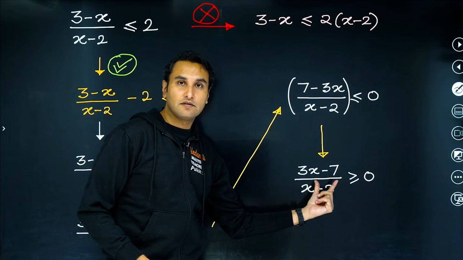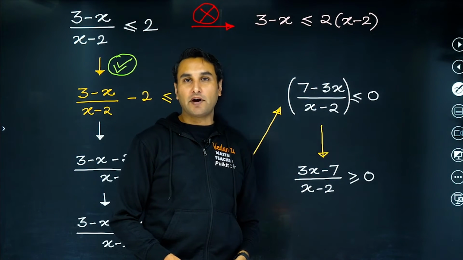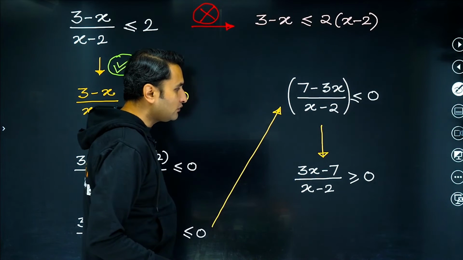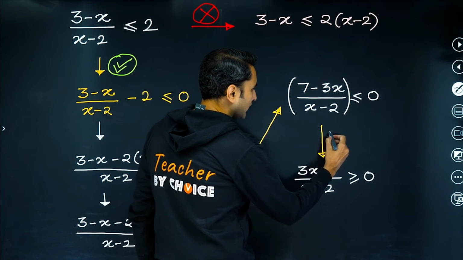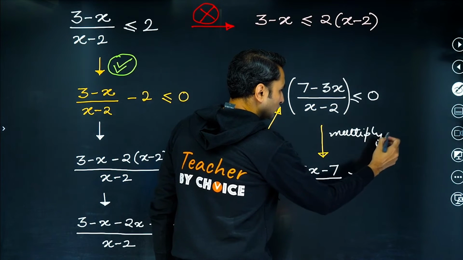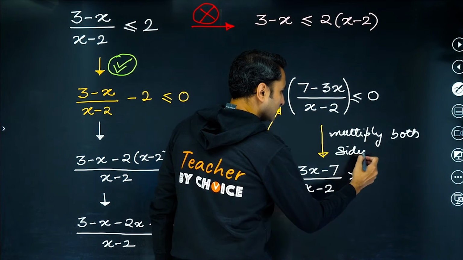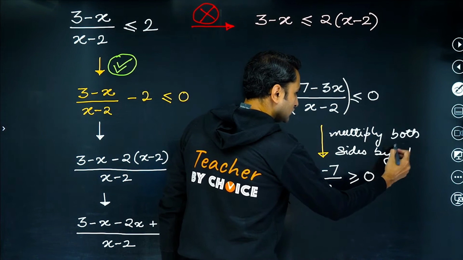minus 7. How do you change the sign? By multiplying both sides by minus 1. So multiply both sides by minus 1.